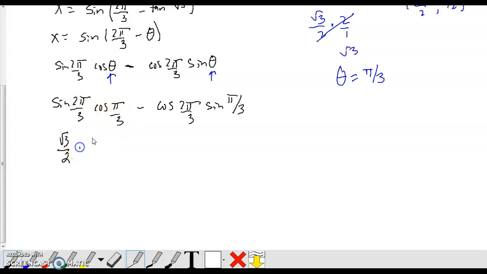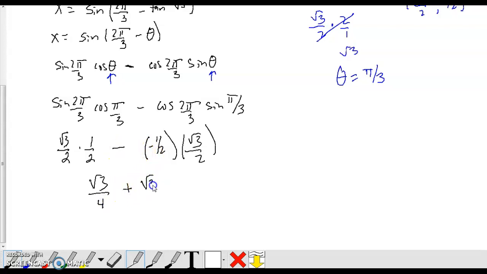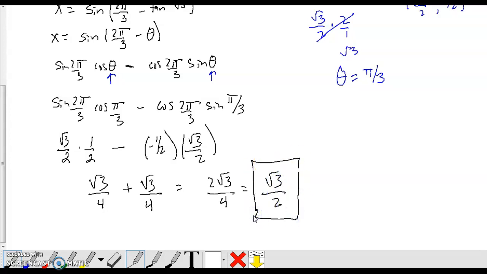Cosine of pi over 3 is 1/2, then this will be a negative 1/2, and then this is root 3 over 2. So root 3 over 4, and negative and negative turns to positive, so root 3 over 4. This gives me 2 root 3 over 4. The 2's cancel away, leaving you with root 3 over 2.